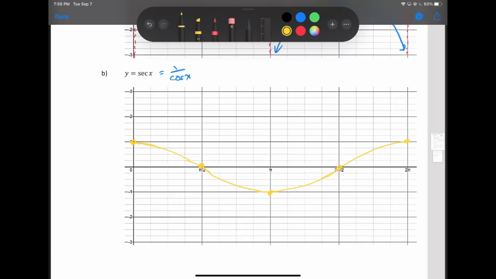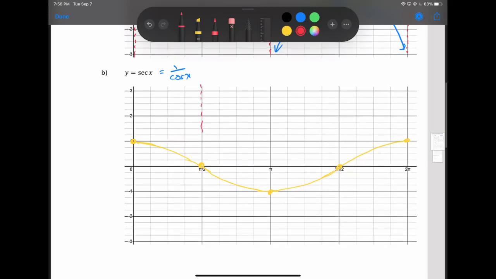And then you're going to have asymptotes wherever there's a 0, because anytime you get 1 over 0, it's undefined. Cos is 0, so undefined when I take its reciprocal. And then this one looks like this. That does not look remotely symmetric.